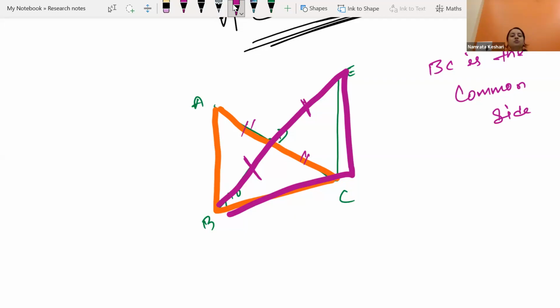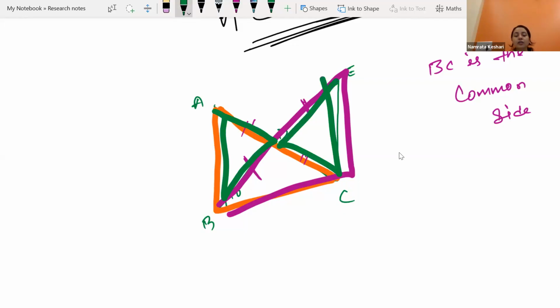And to prove these two triangles congruent, what have we done first? First we have proved, because once we are able to prove these two triangles congruent, then we are done. So first we proved this triangle and that triangle congruent.